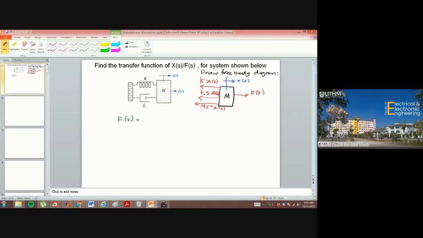Actually, it's like this: FS, the direction, minus K XS minus FV S XS and minus M S squared XS equals 0, right?